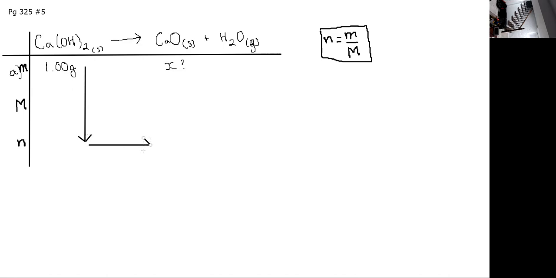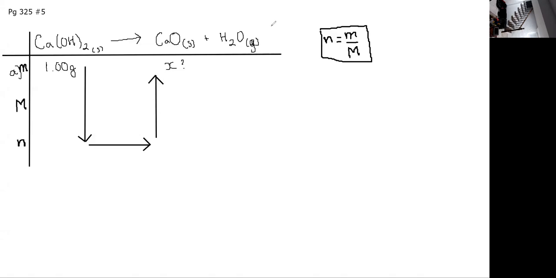If you calculate the number of moles of calcium hydroxide, you can then use mole ratios to calculate how many moles of calcium oxide you have. And then with that number, we're going to go back and get the number that we've wanted from the very beginning. This 1, 2, 3 step calculation is what you are going to try to accomplish for this question. So let's get to it, shall we?